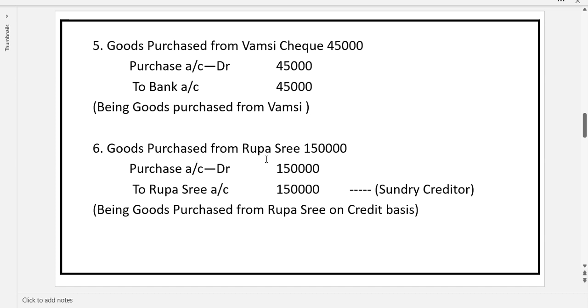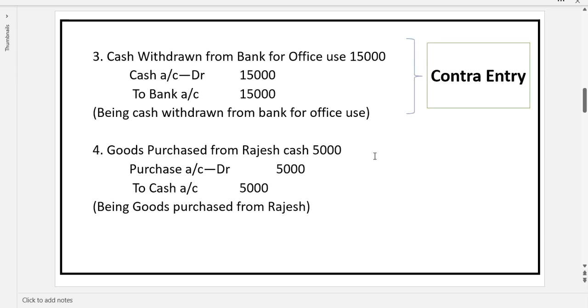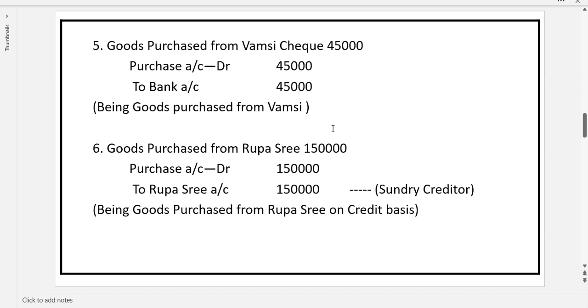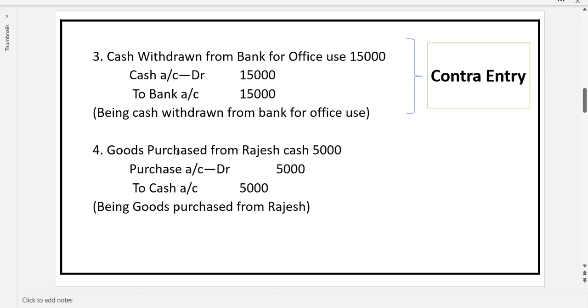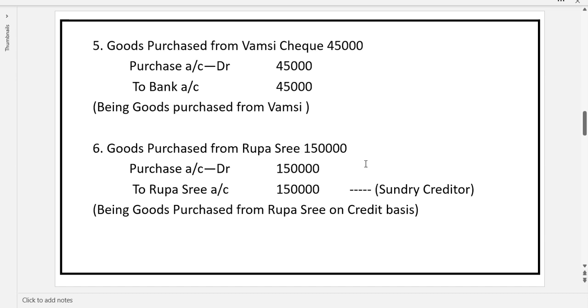Coming to the next: goods purchased from Rupasri, 1,50,000. In the previous two entries we did the purchase, here also we have done the purchase. But what is the difference in the entry? In the fourth one, purchased from Rajesh, we mentioned cash, so we purchased and on the spot we did the payment. In the next, goods purchased from Vamsi by check, we purchased and on the spot we did the payment.